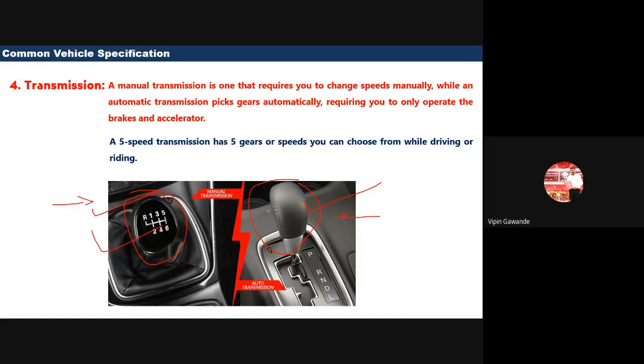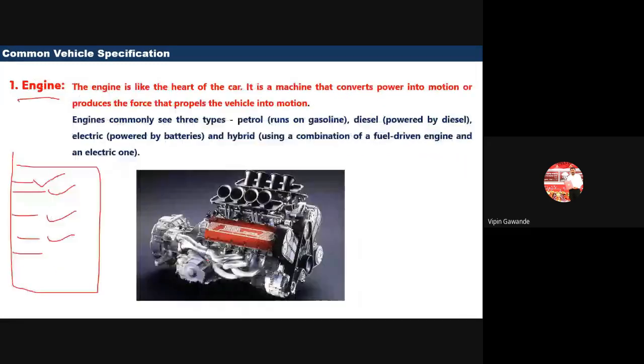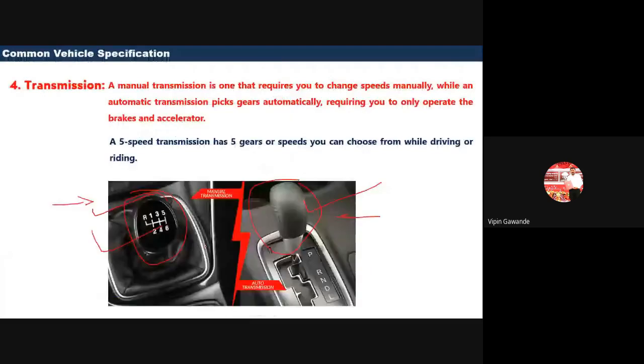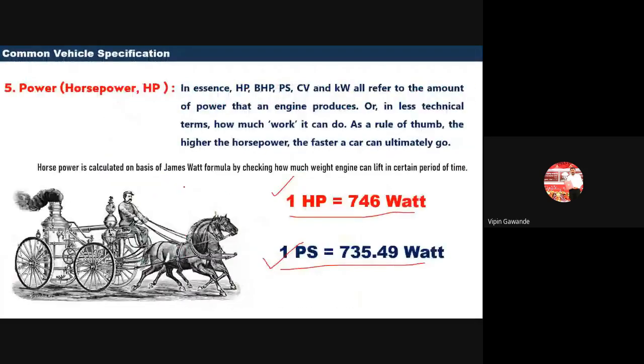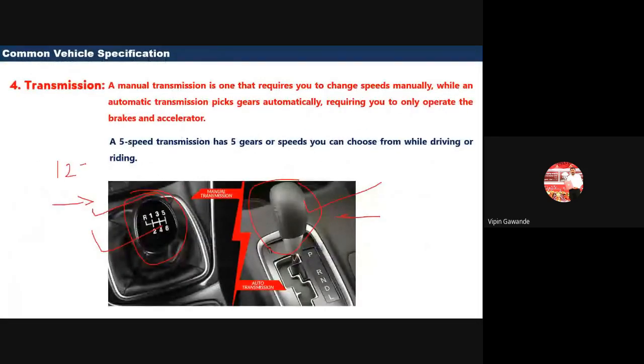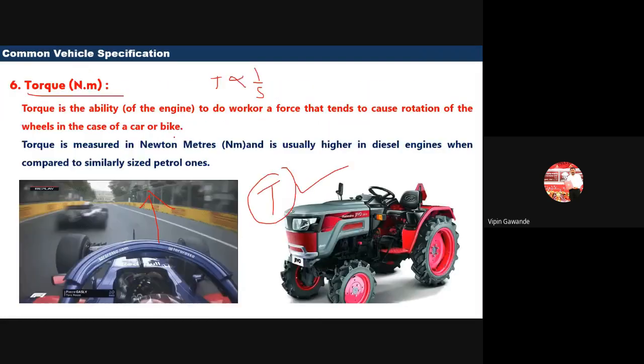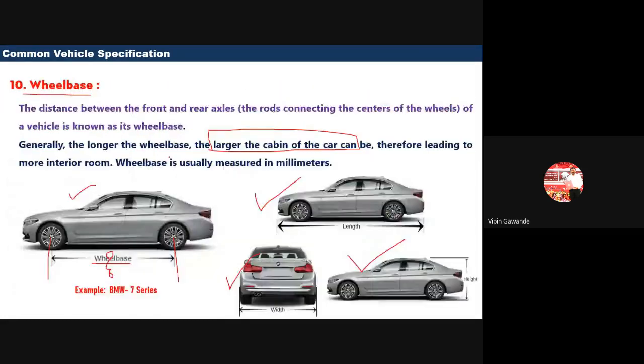Then they will ask about the cylinder and other things, like the Pulsar having 125 cc, what is the meaning of 125 cc. So you have to remember the simple diagrams, and otherwise write down the definitions of all these specifications. That is your assignment number 1.